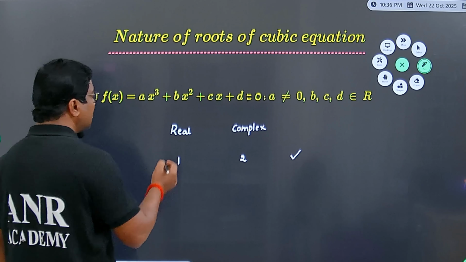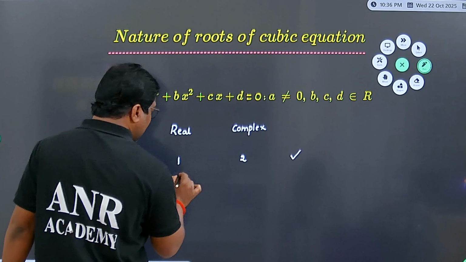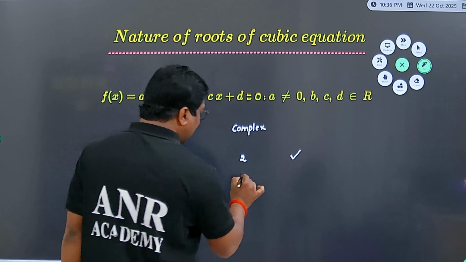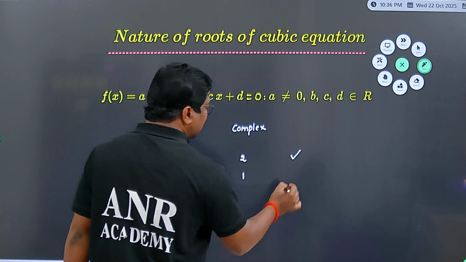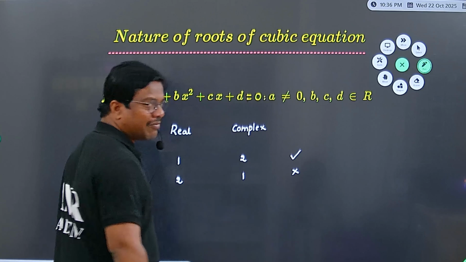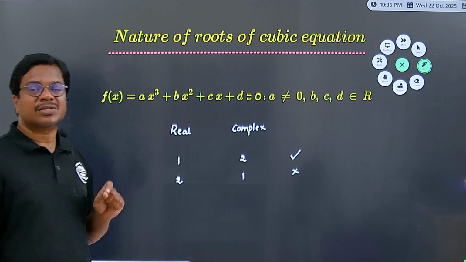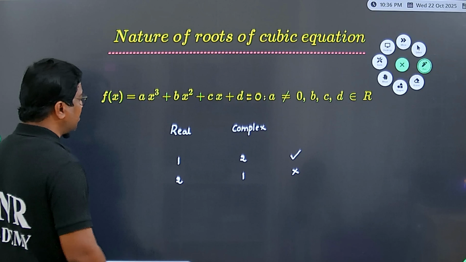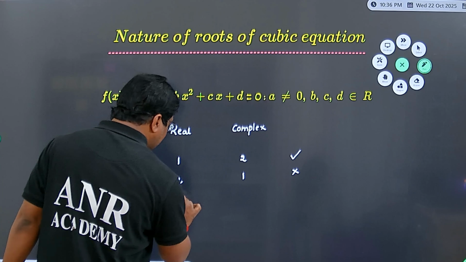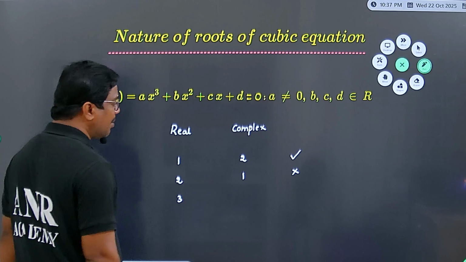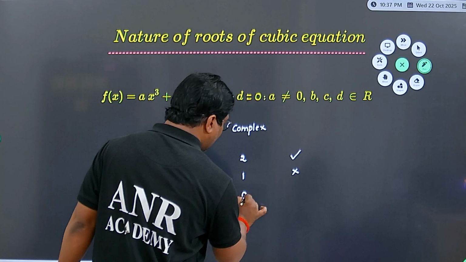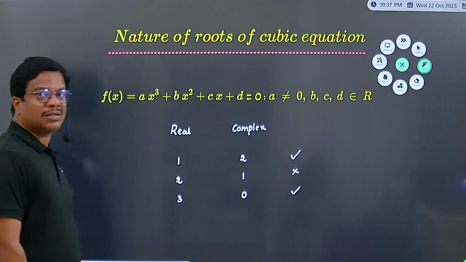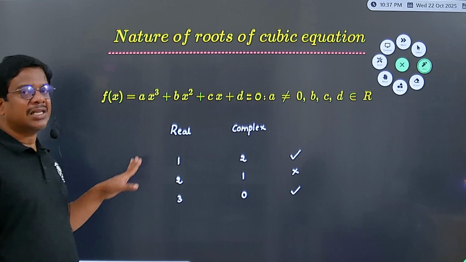Next, suppose it has 2 real roots, then only one complex root is impossible. Why? Because complex roots are conjugate. Next, suppose the function f of x has 3 real roots, implies no complex root. There is another possibility.